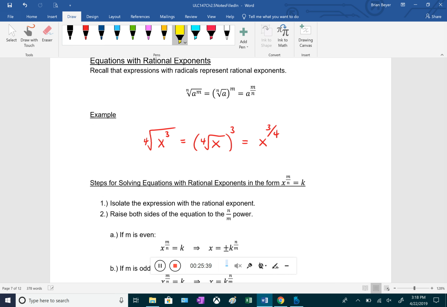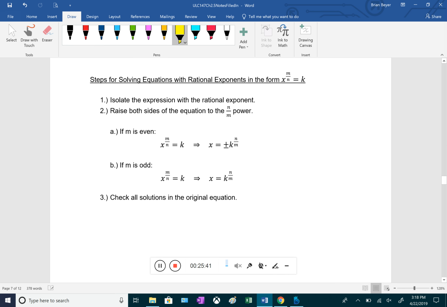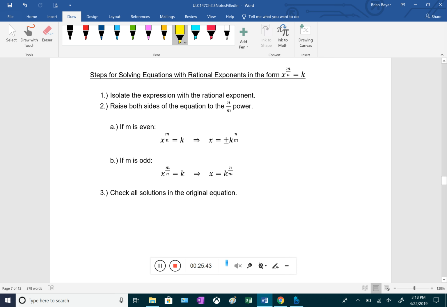So here are the steps to solving them. If we have an equation with a rational exponent, so we have x to the m over n equals k, where m, n, and k are numbers here, what you're going to do first is isolate the variable with the rational exponent on it. So you solve for x to the m over n, and then you raise both sides to the n over m.